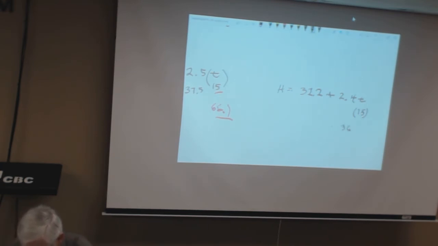And then we add to that 32.2, and we get 68.2. And what would be the correct answer? If it was a male, then you'd be using the male formula. Is 68.2 the correct answer? No, because it said round it to the nearest inch, so it would be 68. All right.